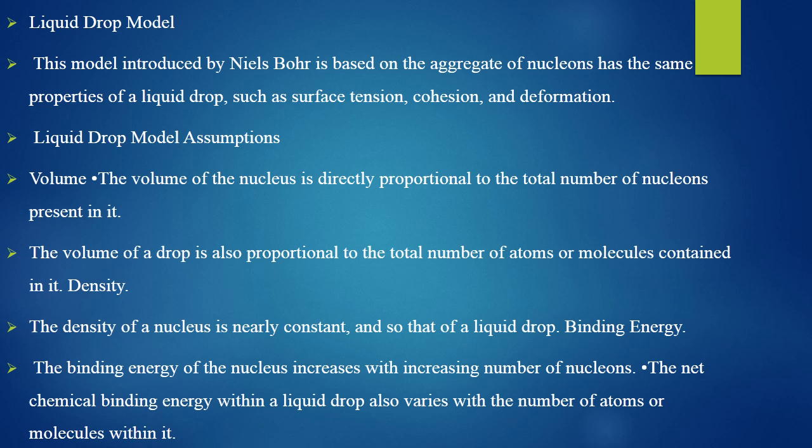If the number of nucleons is high, the volume should obviously be more. The volume of a drop is always proportional to the total number of atoms contained in it. The density is nearly constant, as in a liquid drop.